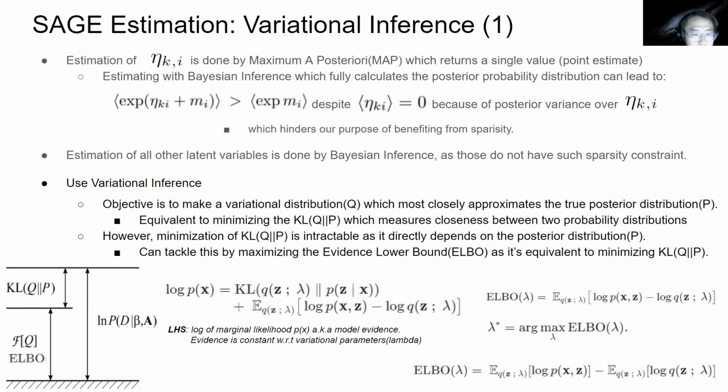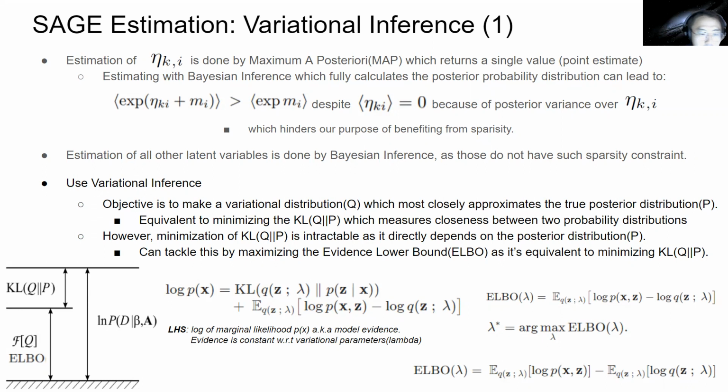We use a property of the log of the marginal likelihood, P(X), the model evidence, which in this case would be the observed word distribution. We know it.